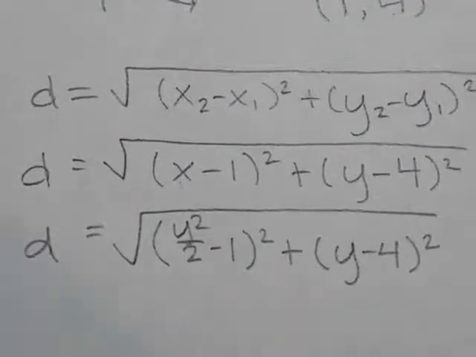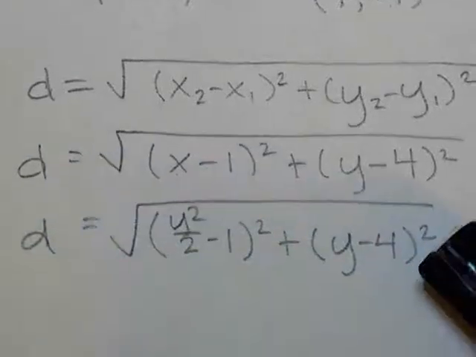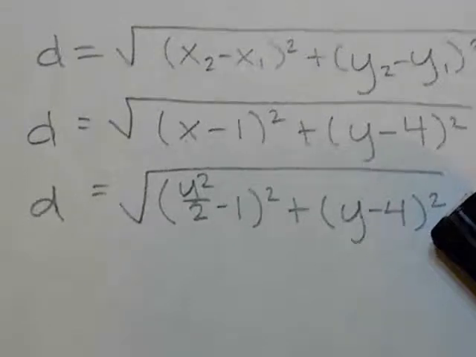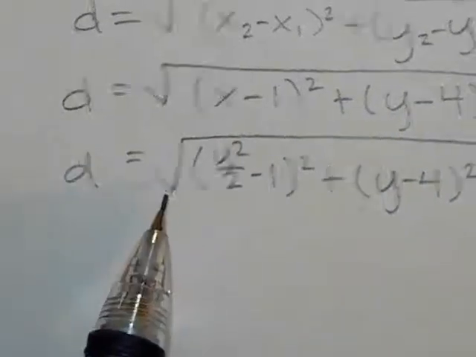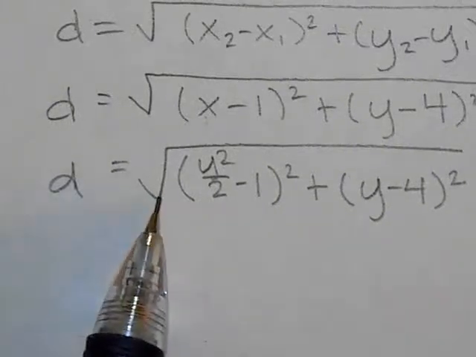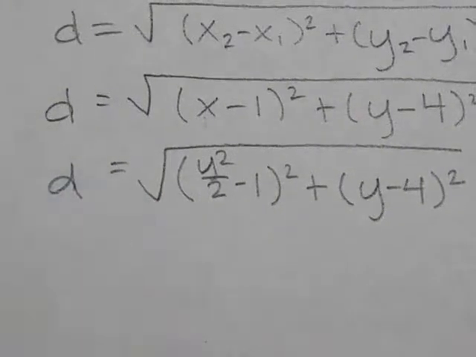All right. Now, for me to maximize or minimize this, I need to be able to take the derivative. It's going to be a little bit easier for me to take the derivative if I get rid of this radical. And I can maximize a d squared just as easily as I can maximize a d. Maximizing an area versus maximizing a length of something is going to work the same way. So what I'm going to do is I'm going to square both sides.